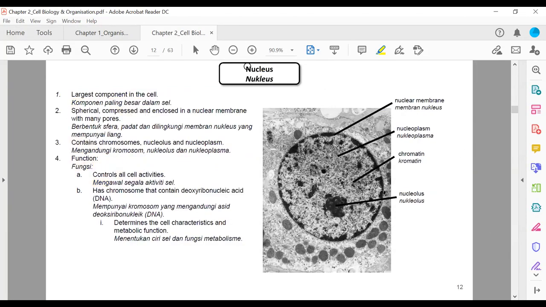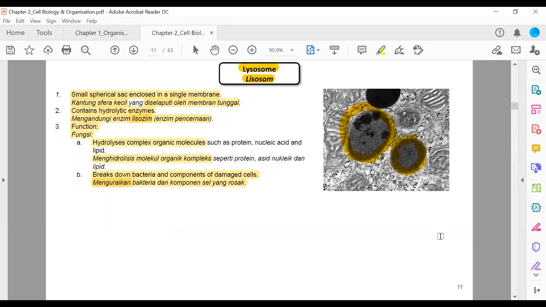Baik, the next one ialah nucleus. Nucleus is the largest component in the cell. Organelle yang paling besar dalam sel kita. Baik, nombor 2. Before that. Sebelum itu. Bagi contoh nucleic acid, lupa pula saya. Bagi contoh nucleic acid, anyone?